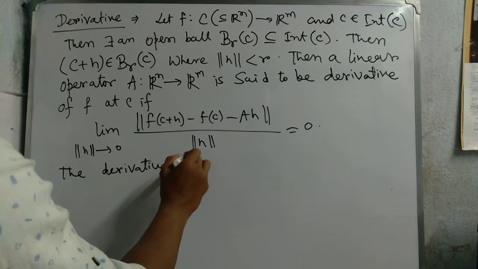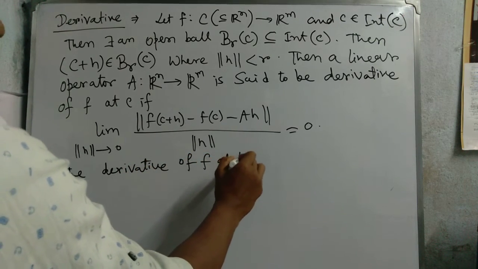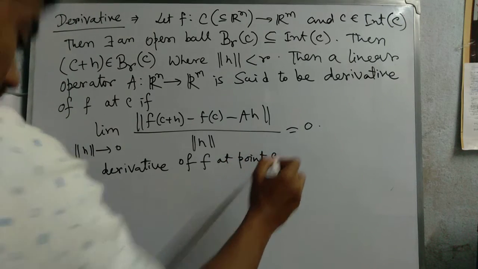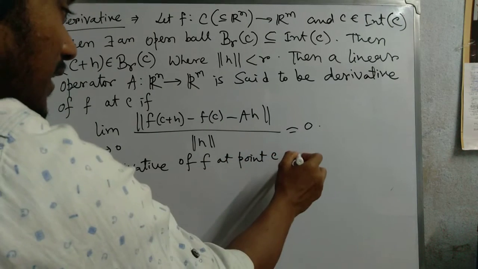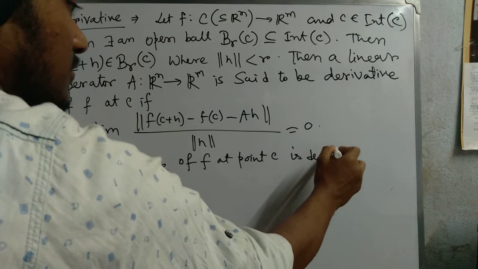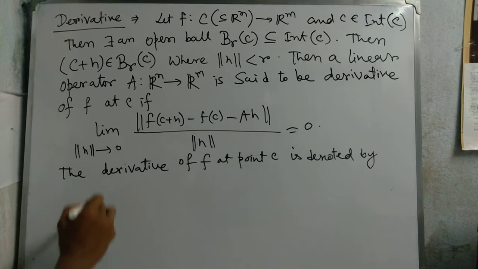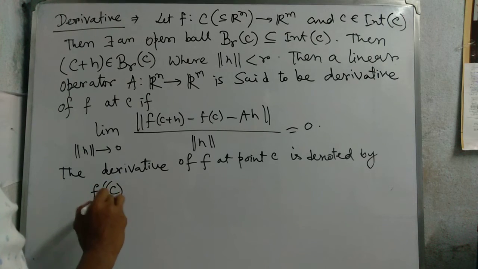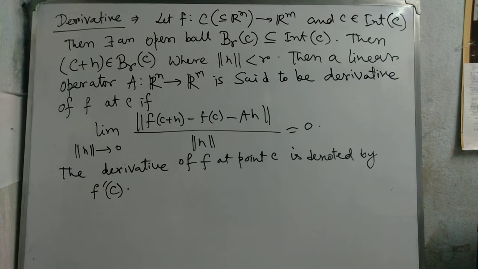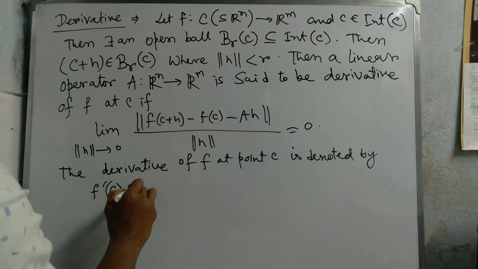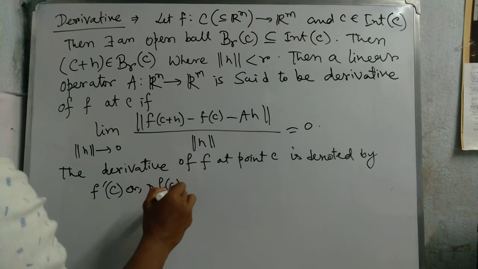The derivative of f at point c is denoted by f'(c) or d f(c).